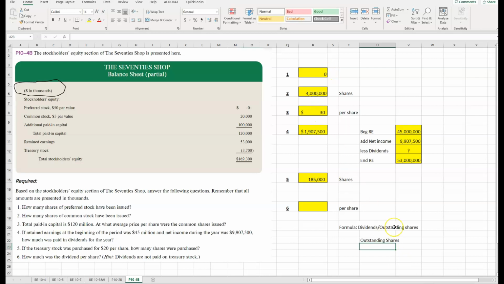Well, we had 4 million out there, but we repurchased 185,000 of them, so they're not outstanding anymore. So these are my outstanding shares. Not 4 million, but 4 million less the amount that we repurchased. The formula is dividends divided by outstanding shares. So my dividend per share is 50 cents.